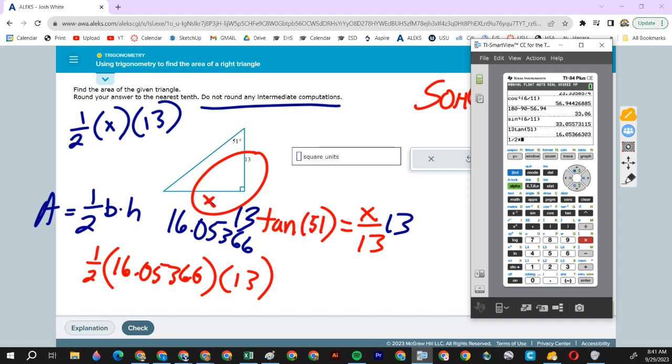Just do second answer. So look at the negative key down below the 3. There's a little blue ANS for answer. If I push second negative, that tells me use my last answer in this calculation. And then I need to times that by 13. That is the area of the triangle.